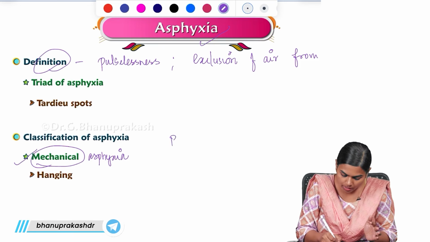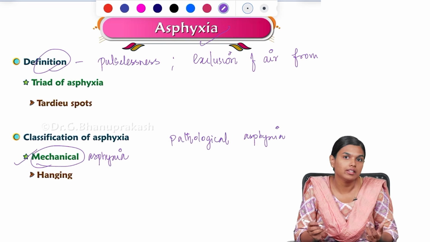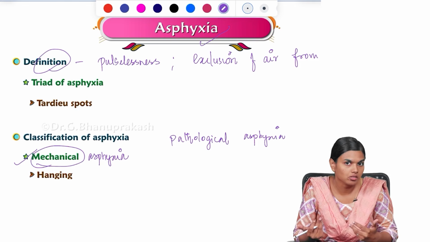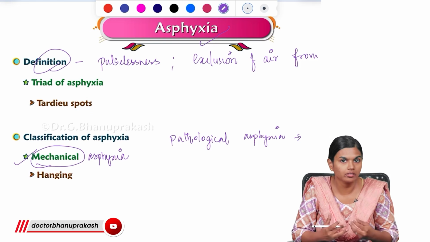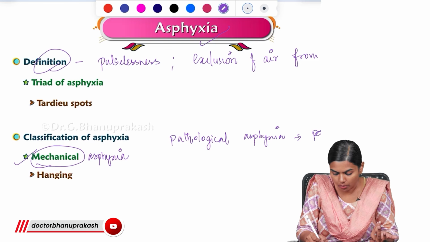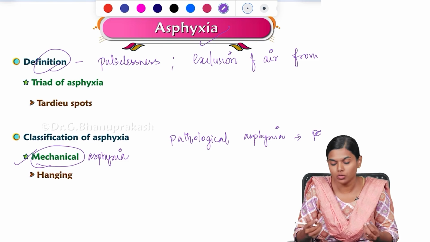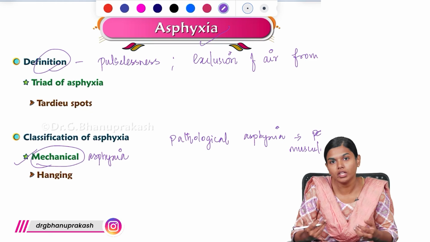One such type is pathological asphyxia. By pathological asphyxia, we mean that due to some pathological reason, there is exclusion of air from the lungs. What are those pathological reasons you could think of? This is something very common: pathological asphyxia because of polio or any other disease which affects the muscle, causing muscular weakness leading to obstruction of respiration.